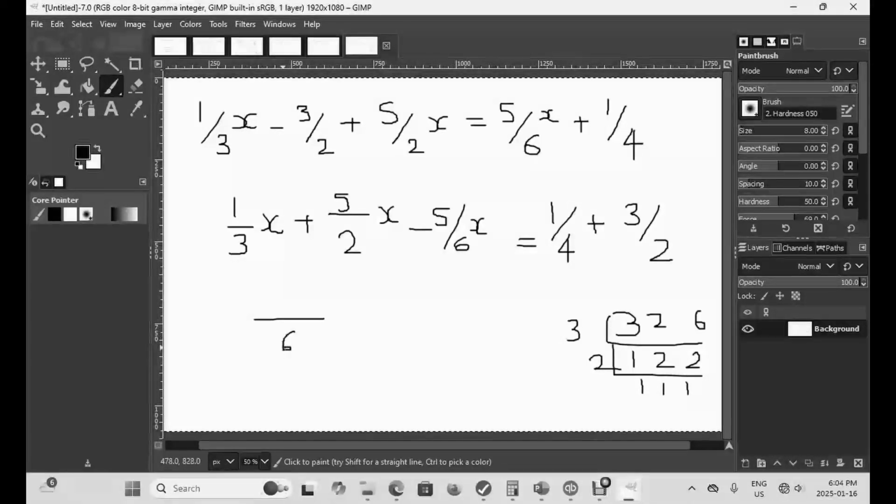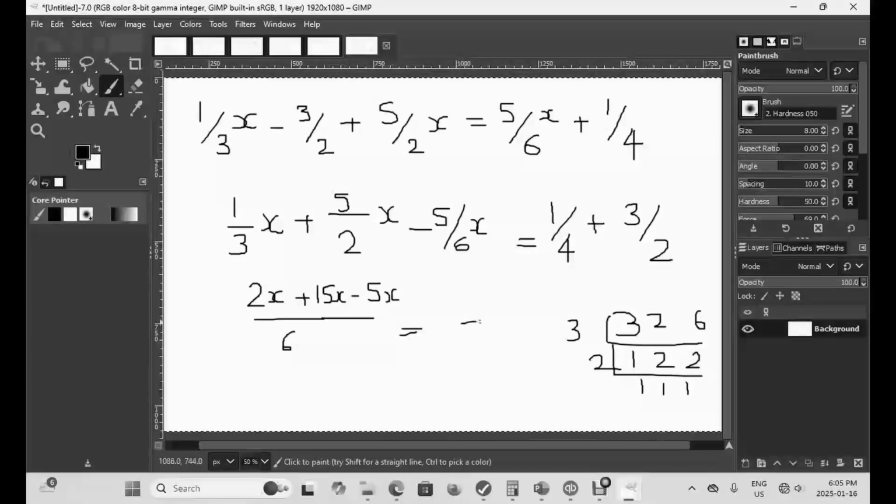So 6 will be your common denominator. 3 goes into 6 twice, so this will be 2x, plus 2 goes into 6 3 times, times 5 is 15, so plus 15x. 6 goes into 6 once, times 5, this will be minus 5x.